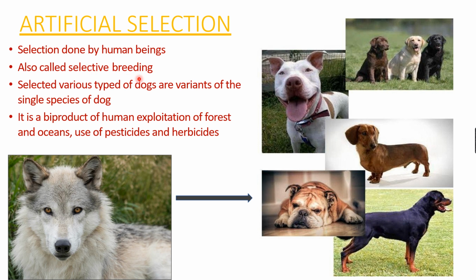And this is also called selective breeding. So we can see various types of dogs here, right? Various varieties of dogs. But all these dogs are variants of a single species of dog. The common ancestor for all these dogs is a single species of dog.